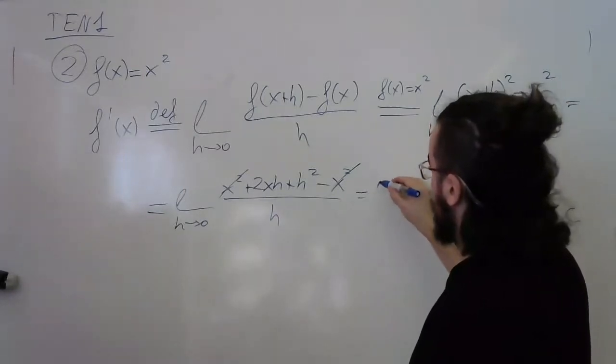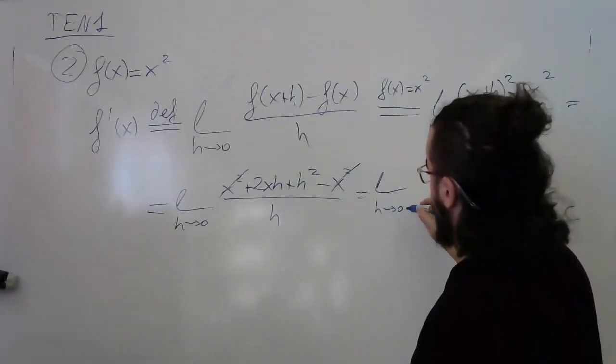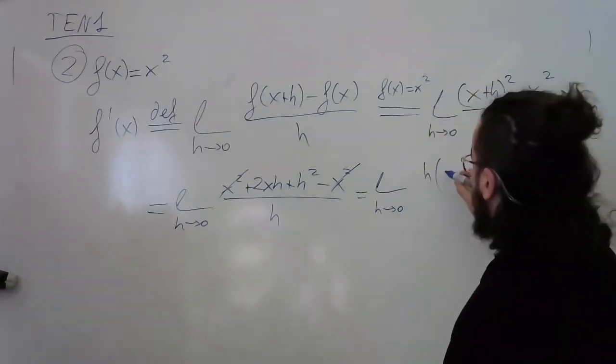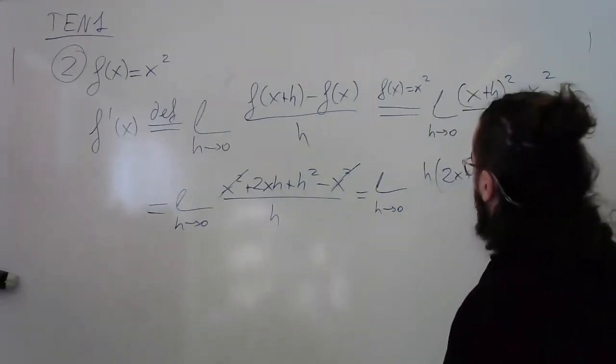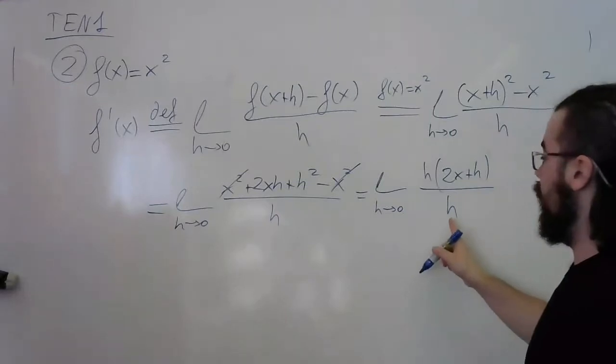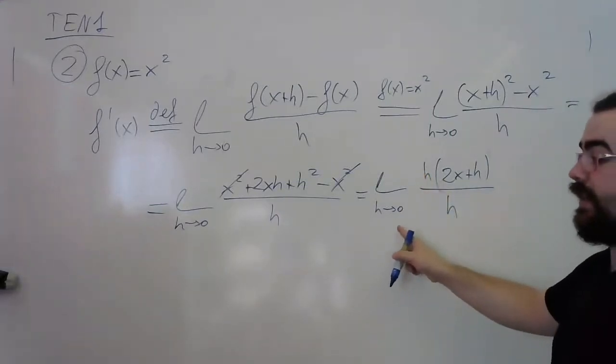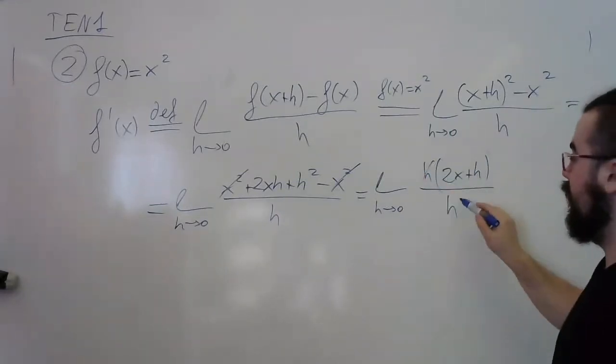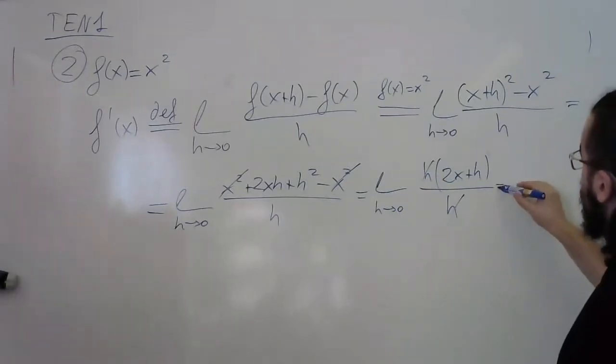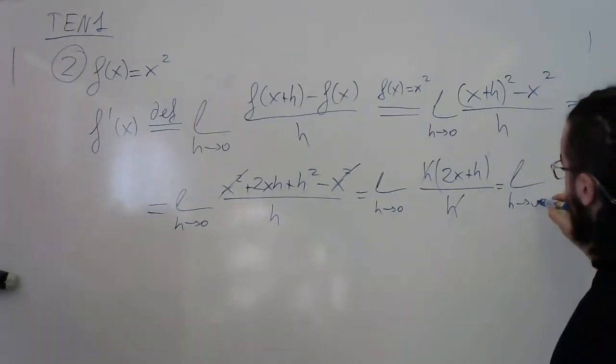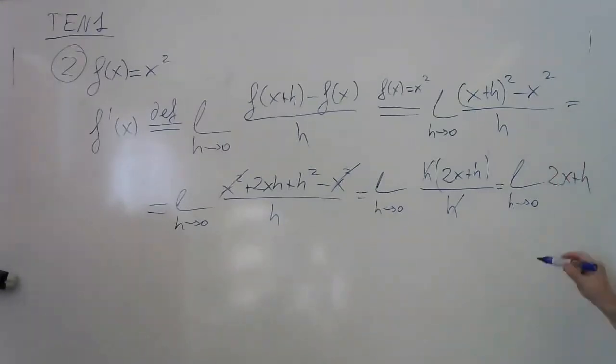So we can do this. Now, h with h, because it tends to 0 but it's not exactly 0, cancel each other out. So this is the limit when h tends to 0 of 2x plus h.